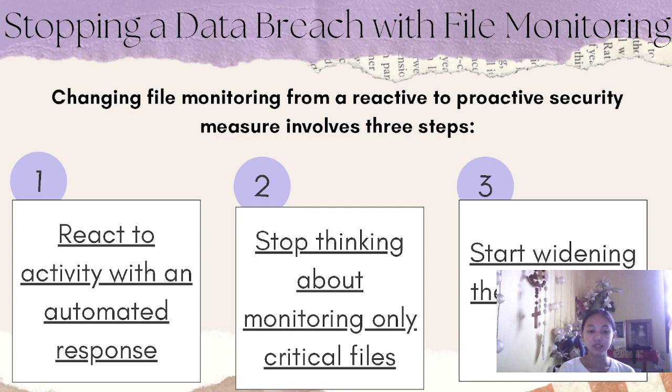Lastly, start widening the monitoring scope. Think like a hacker on this one. They don't know where the good data is, so they're going to be looking around a bit in an effort to identify data of value. Additionally, lateral movement activity, as previously mentioned, often requires manipulation of operating system files to provide the attacker proper access.